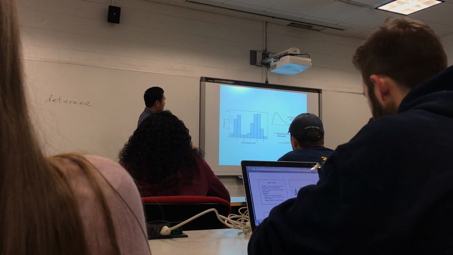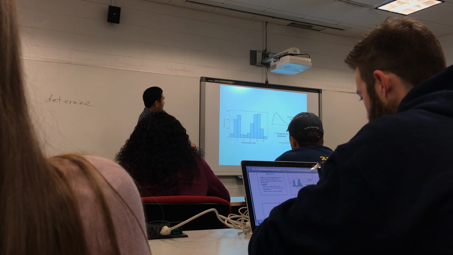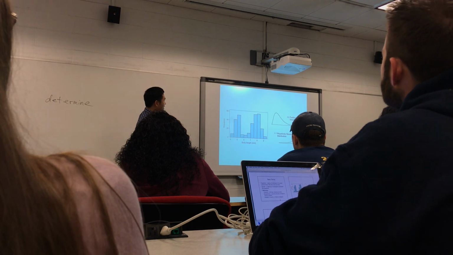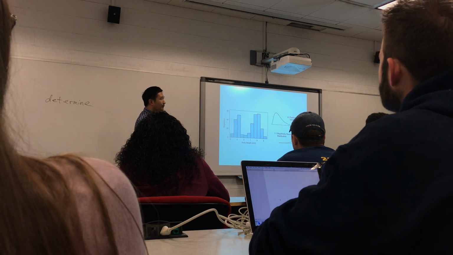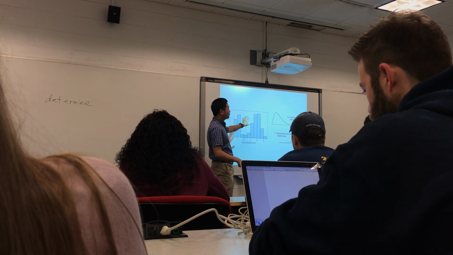I'll show you some of the graphs here. This is the body length of some organism, from 4 to 9. Is this symmetric or not? Not symmetric, so it's non-parametric. We call it bimodal because it has two peaks.